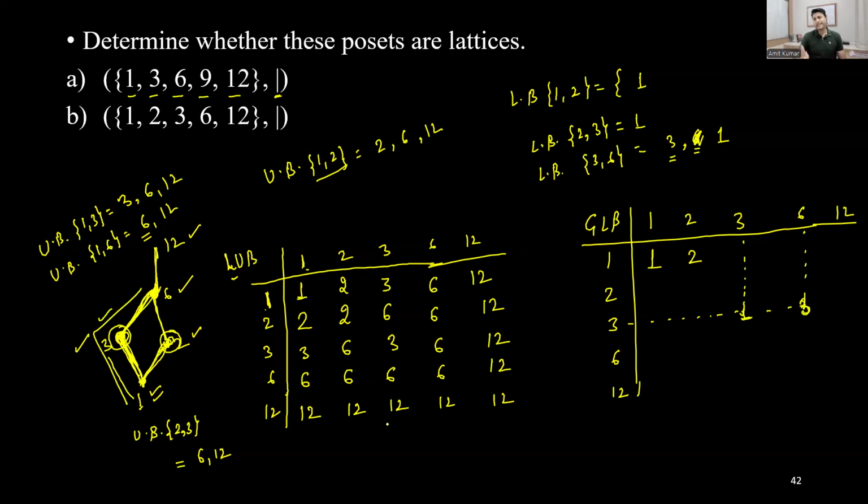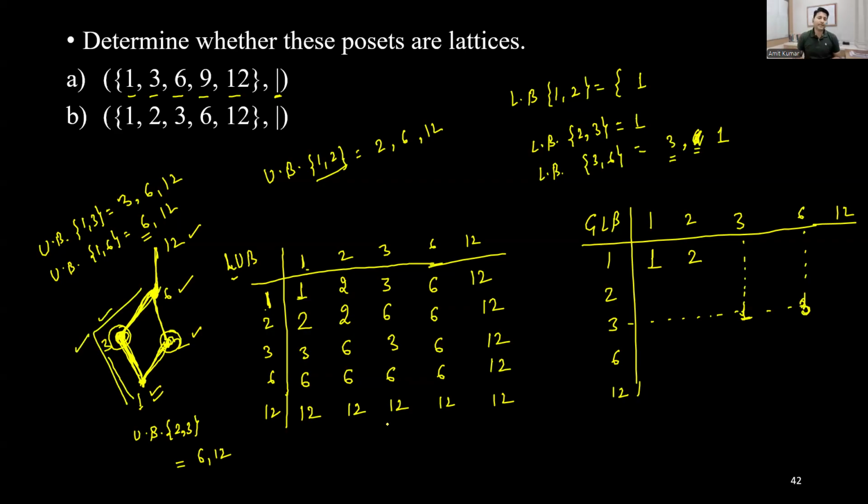So the table can be completed directly by seeing the hasse diagram, or for any confusion, write the lower bounds or upper bounds for that pair, and out of that, find the greatest or least one and put it in the table. In this manner, you can complete this table. Now, every entry of this table will also exist.